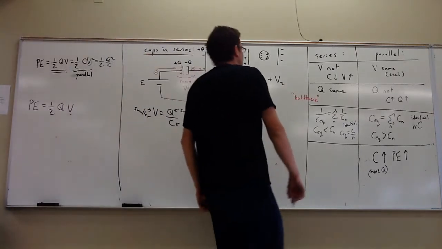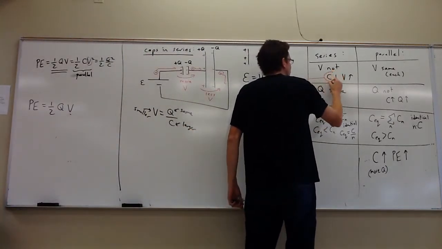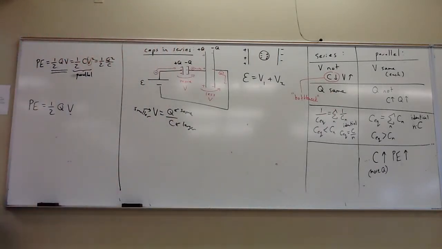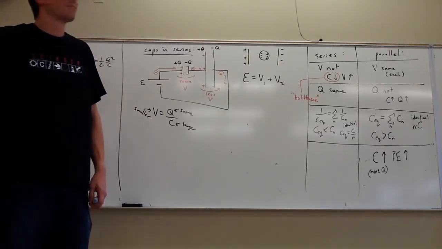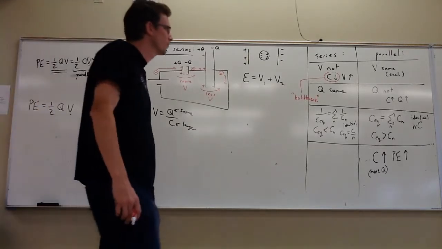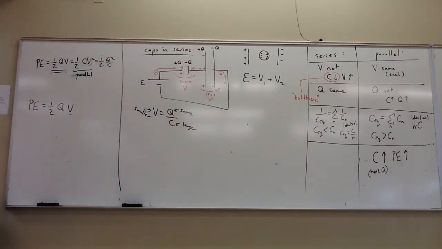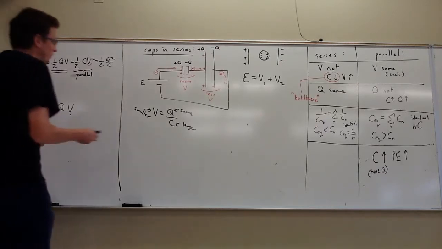And so the bottleneck is the small capacitor. The small capacitor is the hard thing to store charge on. It's not as good of a storage device. So let's figure out what the equivalent capacitance is.